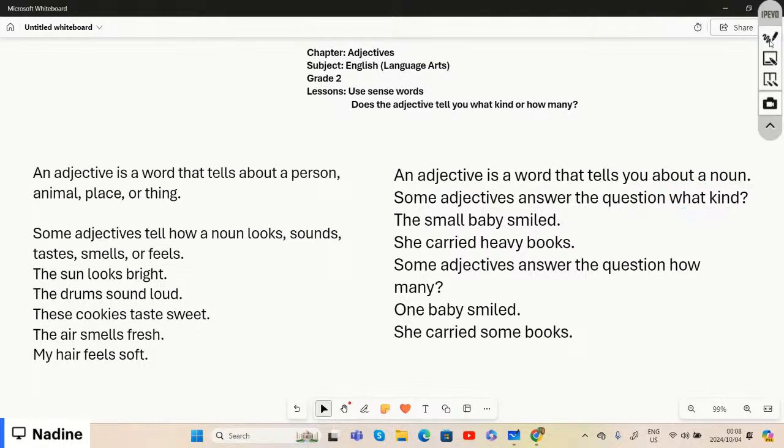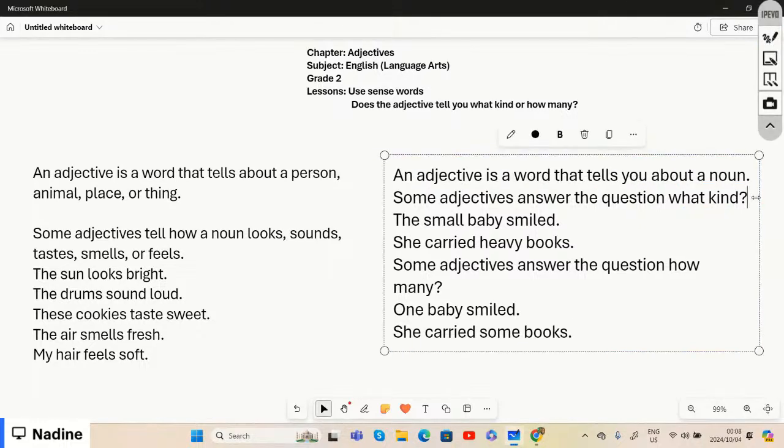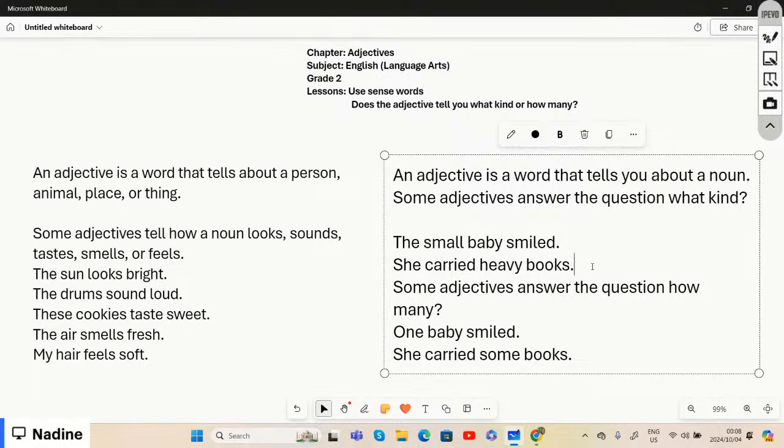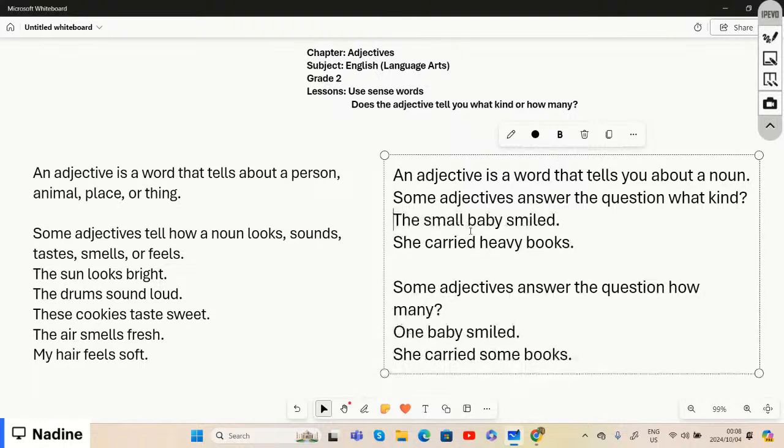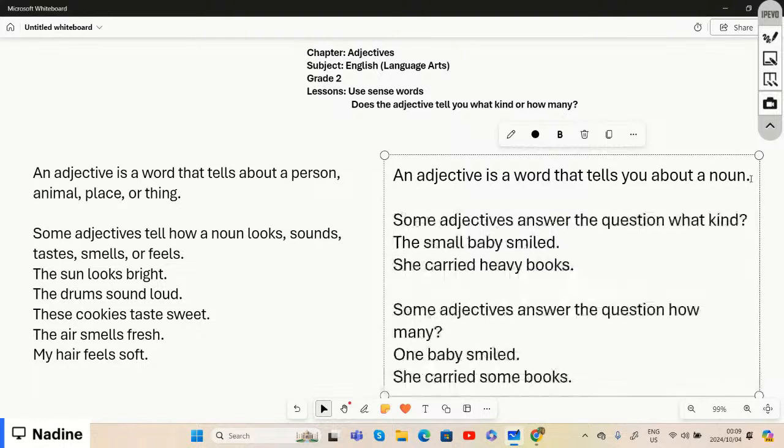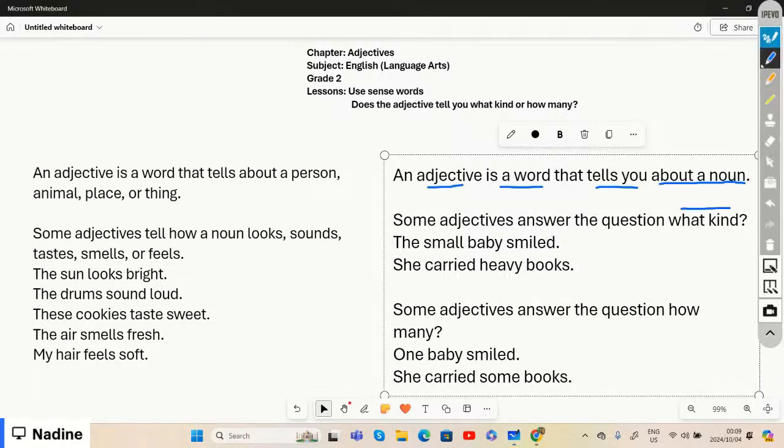And if we were to ask the question about what kind, we can say, all right, so some questions ask, what kind of person, what kind of animal, what kind of place, or what kind of thing, right?